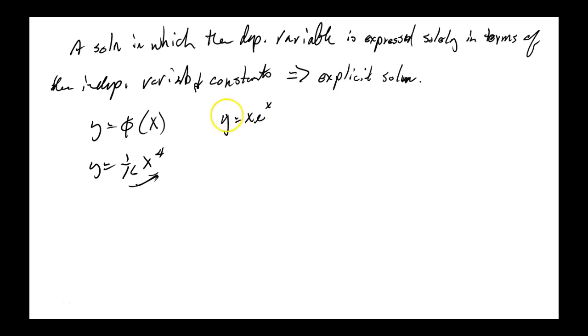Y is isolated, expressed solely in terms of the independent variable. Y is equal to 1 over x, the one we just did. The dependent variable y is expressed solely in terms of constants and the independent variable x.